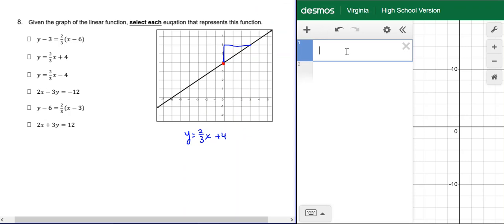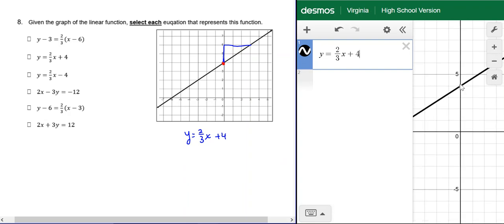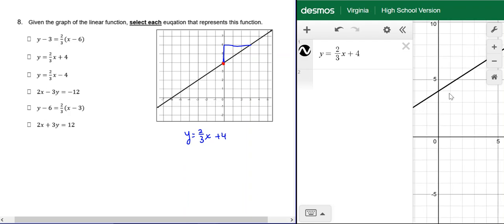Let me graph it for you and show you that I know how to graph the equation of a line in slope-intercept form. See, it's going through 4 and has a slope of up 2 and over 3, just like this has up 2 and over 3. And so that's my first one.